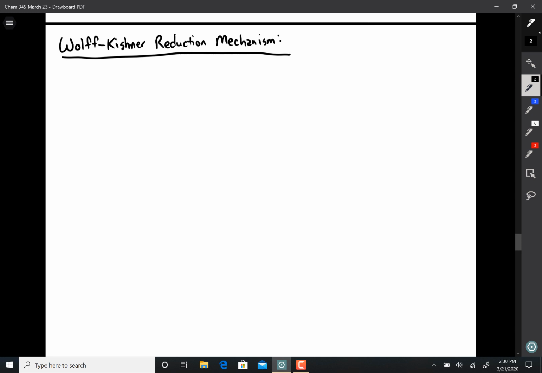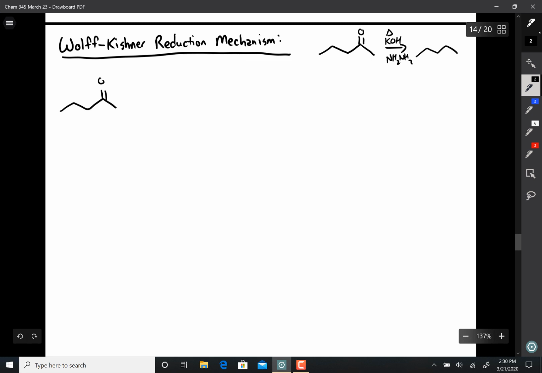So, we will go with this reaction, which takes heat, KOH, and hydrazine. So the first step is very similar to imine formation. Nitrogen adds, electrons go up.